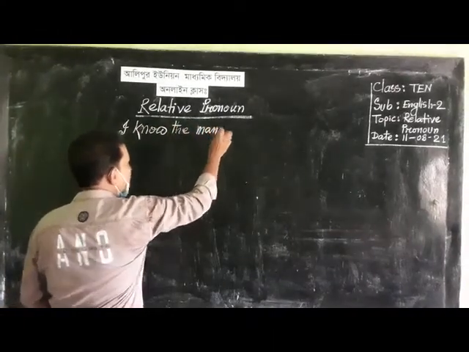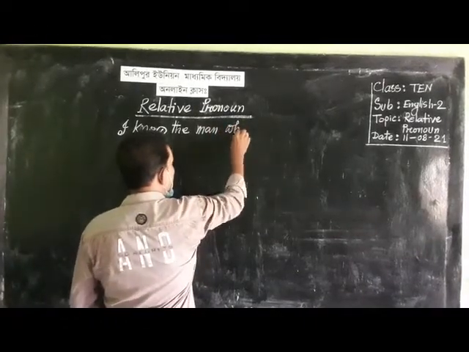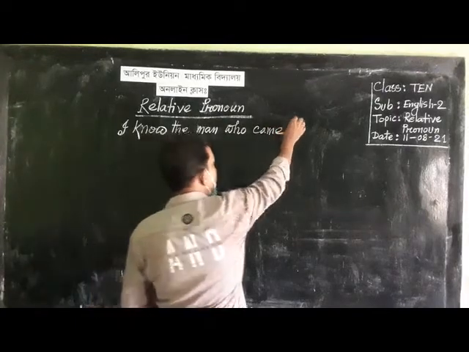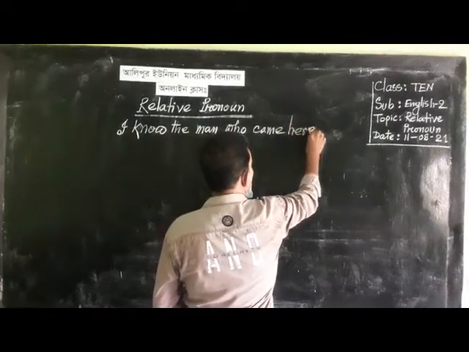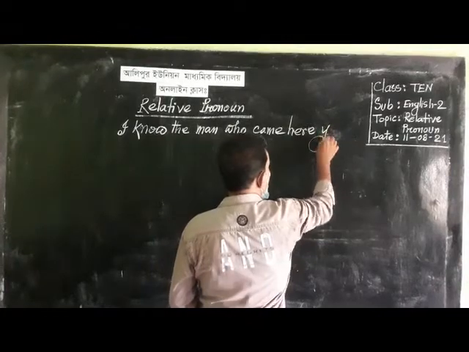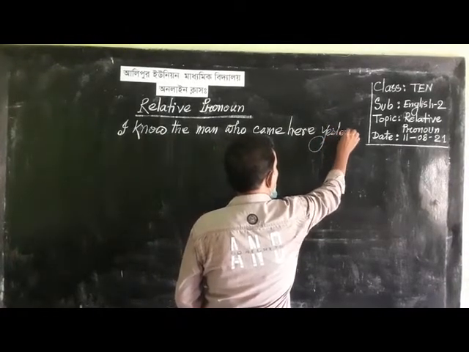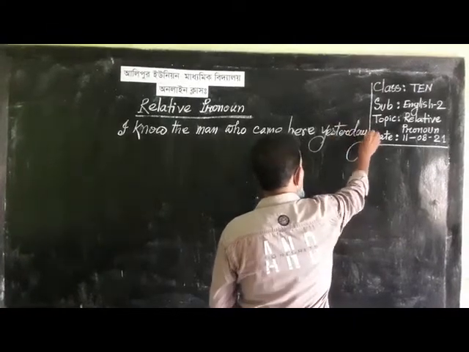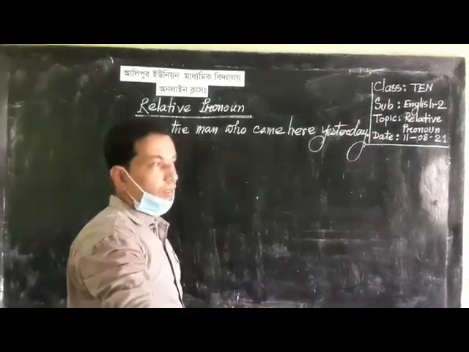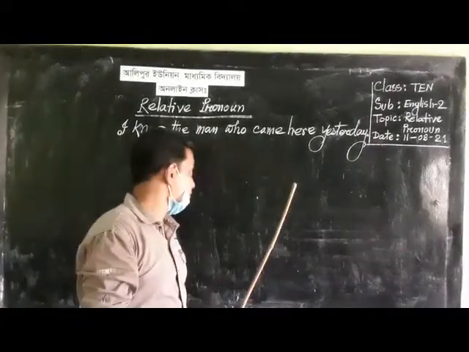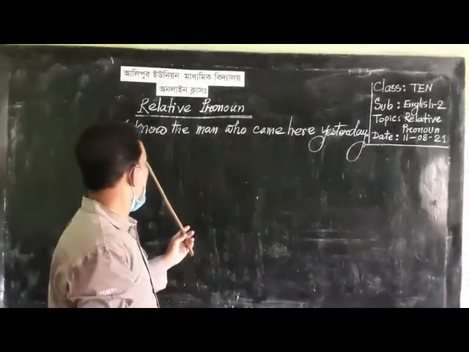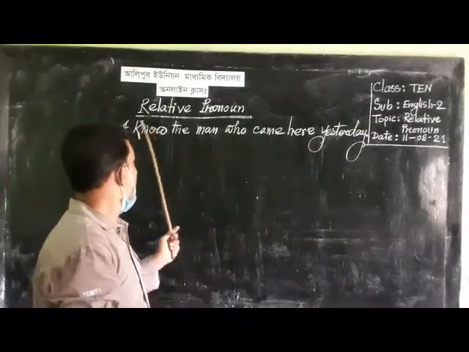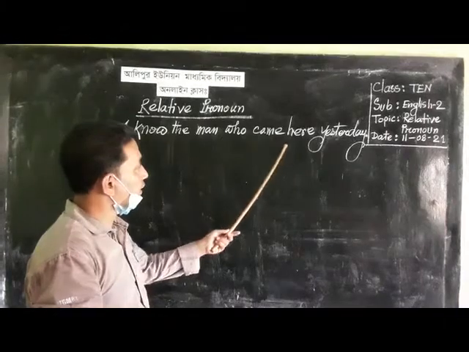I know the man who came here yesterday. Dear learner, look at the blackboard very carefully. I have written a sentence using relative pronoun. I know the man who came here yesterday.